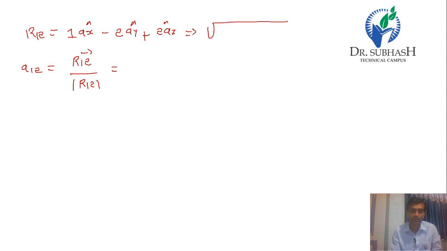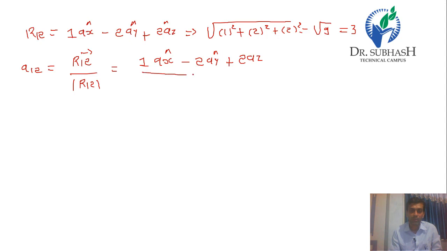It is the square root of 1 square plus 2 square plus 2 square, so we get square root of 9, which is 3. So the unit vector is 1ax minus 2ay plus 2az upon 3.